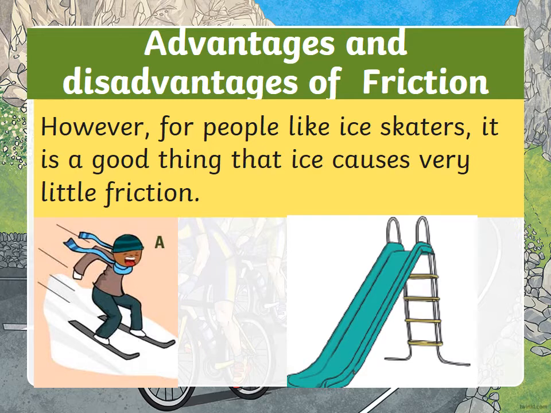They can get to their destination. If there was a lot of friction, they wouldn't be able to move very fast with their skates. Sliding down the slide, friction is a disadvantage because it slows you down.